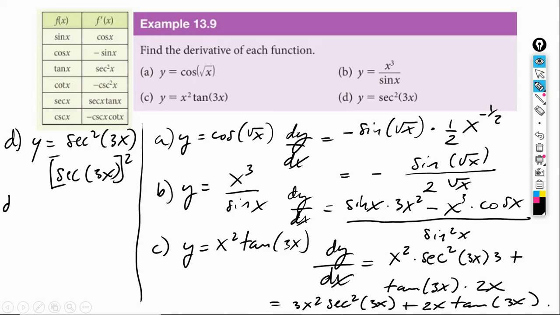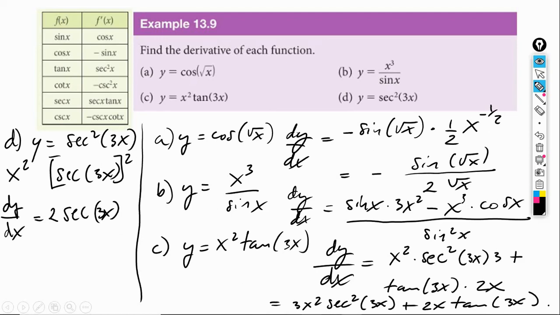So if we want to do the derivative of this, we will have to use the chain rule. So first thing is derivative of the outside. Notice that this is like saying x squared, right? So the derivative of that is 2x, or 2 times secant 3x.